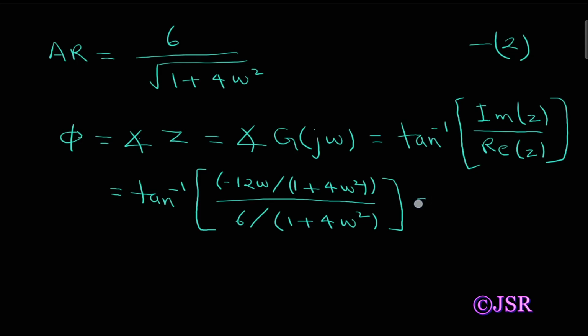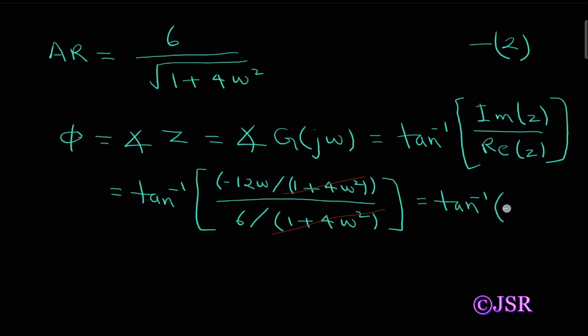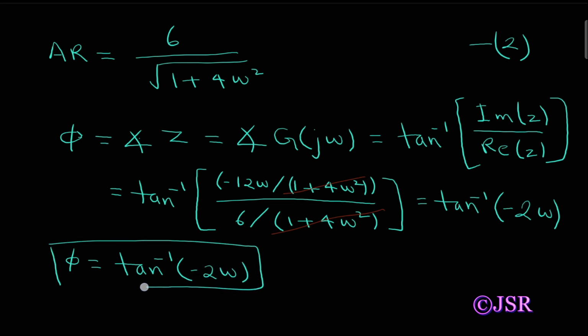So we will have tan inverse, this term gone, so we will have minus 2 omega. So phi equal to tan inverse of minus 2 omega. So this is equation number 3.